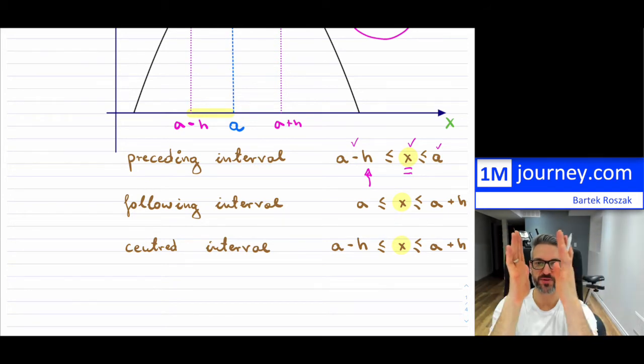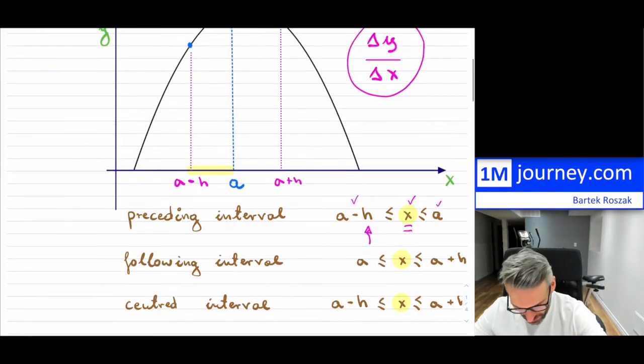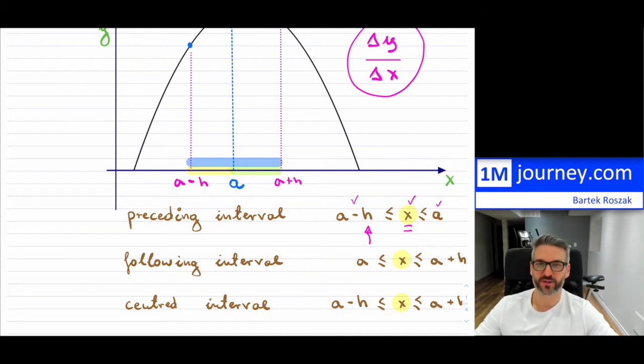It's starting to squeeze it in. So if I would change the color, this is the following interval right here. And the entire thing, if I would take that interval in its entirety from here to here, this would have been the centered interval. And as you squeeze that h, it's going to get closer and closer to a.